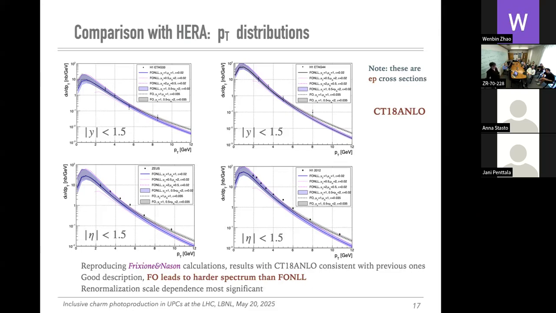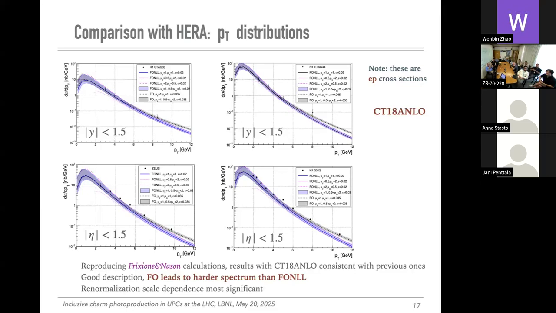This is something still to be understood. Suppose you have resummation there, so you would expect it to be bigger, but it's actually softer. It acts like a fragmentation a little bit.